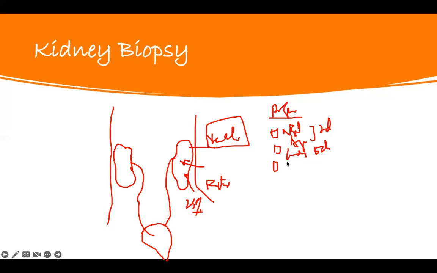If they take any of the factor 10 antagonists, inhibitors, they need to stop it based on the half-life. You need to check their PTT and INR, otherwise they will bleed. You have to check their platelets.